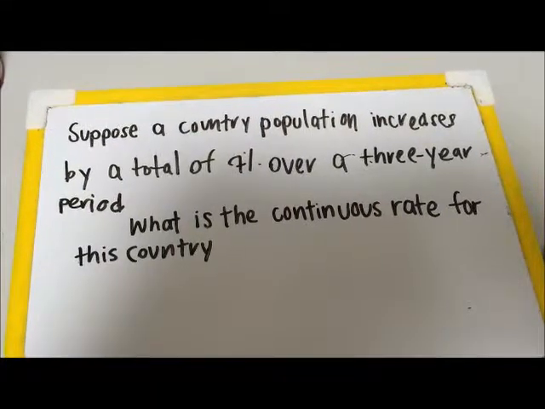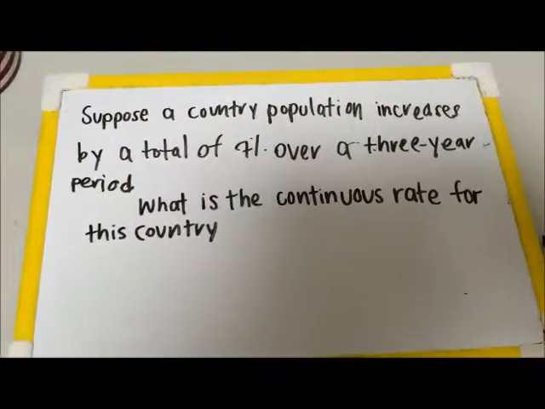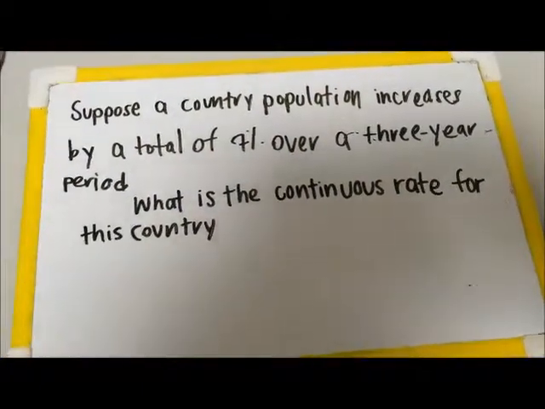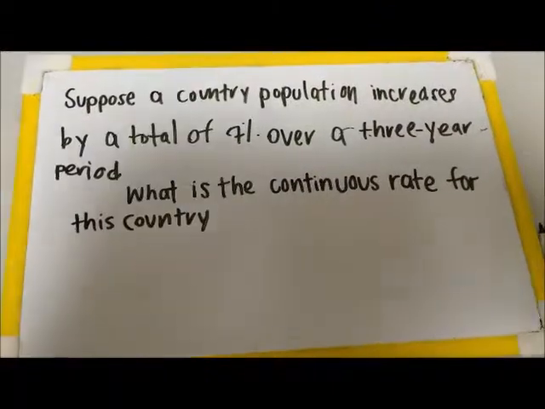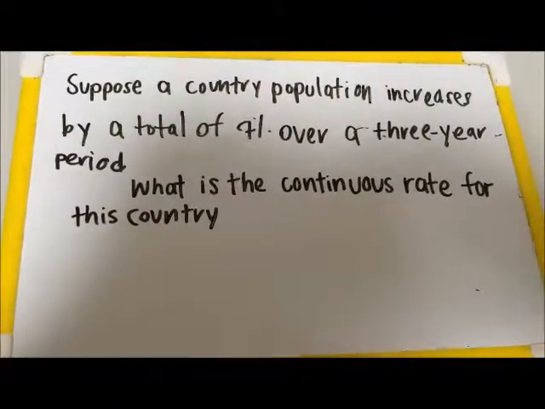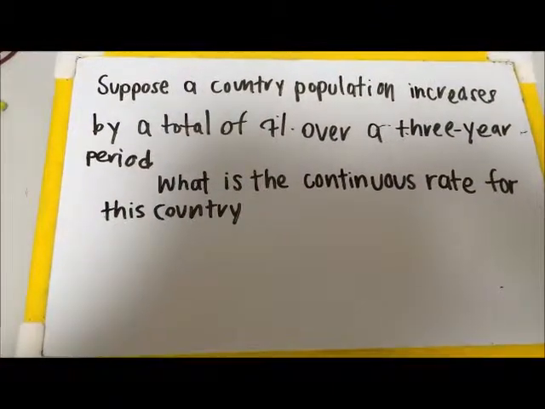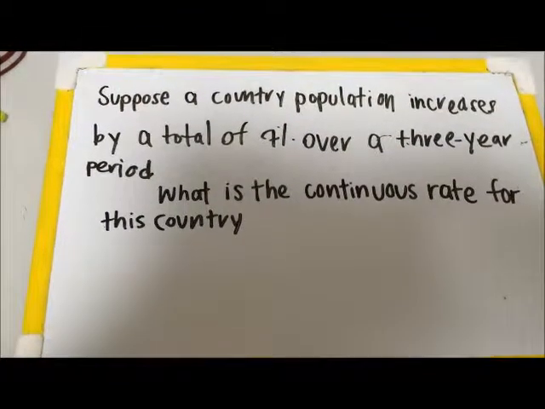Suppose a country's population increased by a total of 7% over a 3-year period. What is the continuous rate for this country? To solve this, step 1: use the continuous compounding interest formula.